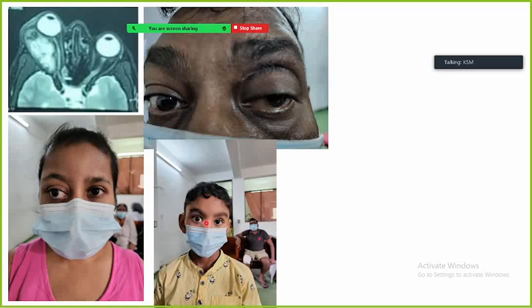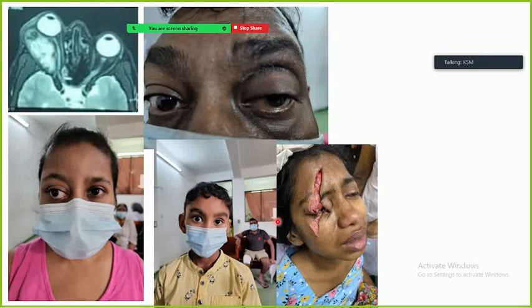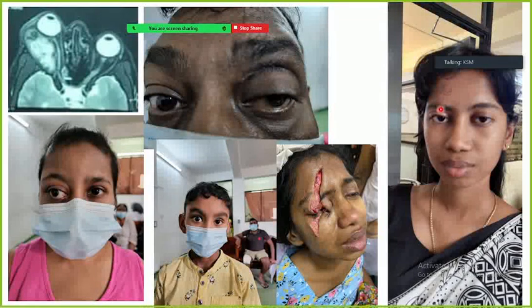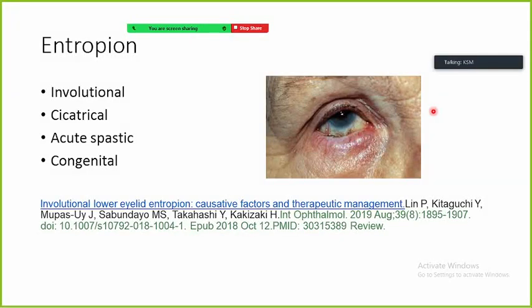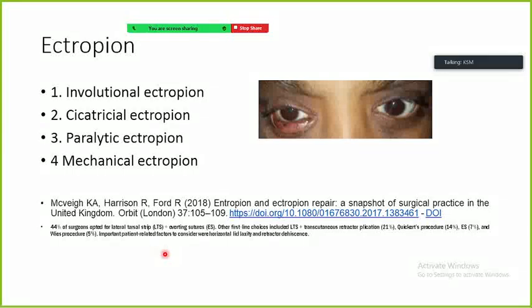A child with lid retraction, and the surgery came out very well. And this lady had multiple traumas, and after the surgery there is still a bit of work to be done. And entropions, sometimes very challenging, sometimes easy, but sometimes they do resolve after surgery.